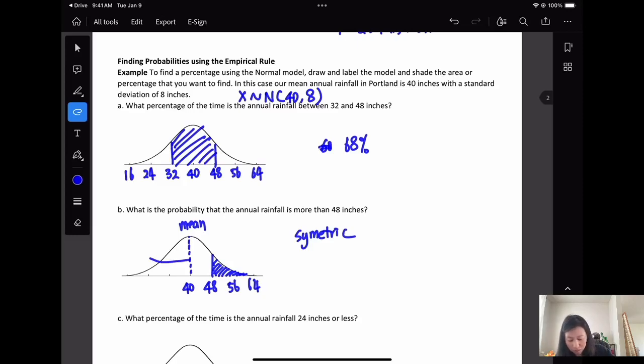If we know the area in these two and then divide by 2, then we will be able to know the area, which is the probability that the rainfall is more than 14.8 inches. So we use the symmetric property. All right. So we know that within 1 standard deviation is 68%.